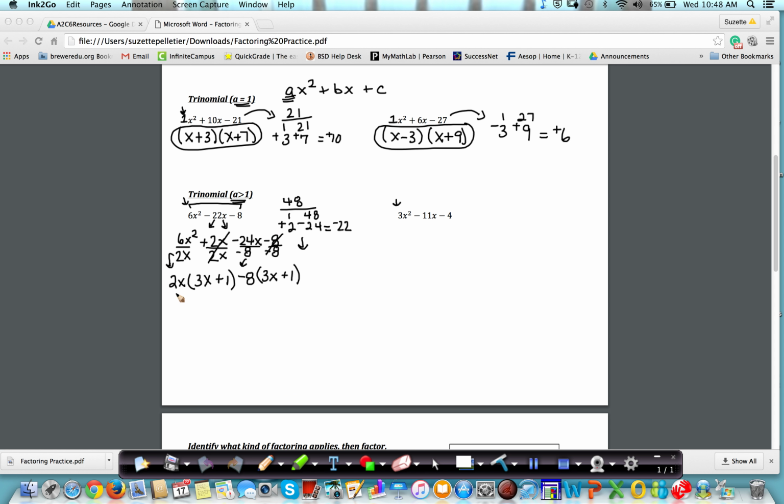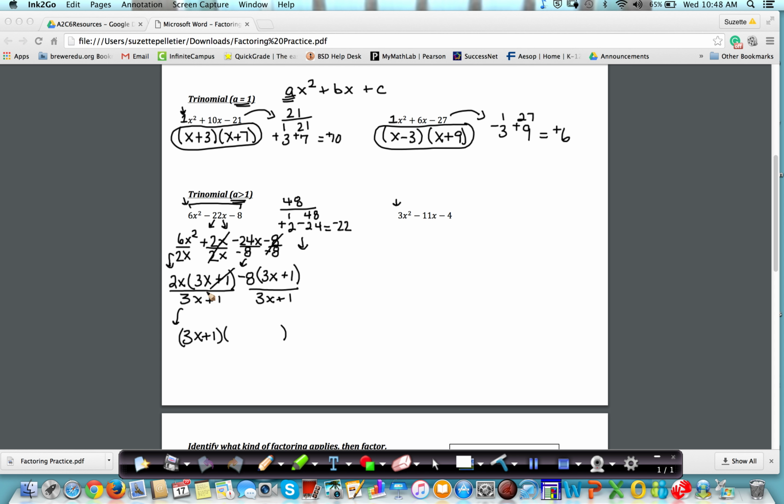And the great news about this is that this term and this term, remember we separate terms by addition and subtraction symbols, both have the identical same factor, 3x plus 1. So I'm essentially going to be dividing out a 3x plus 1 from both factors. Again, the greatest common factor goes in the front, 3x plus 1, and then in the parentheses you tell what's left.